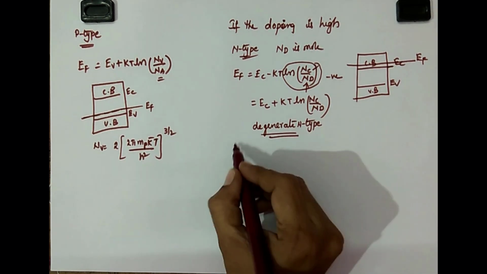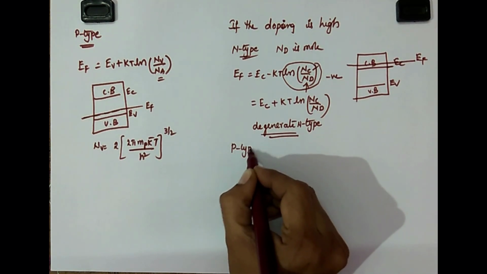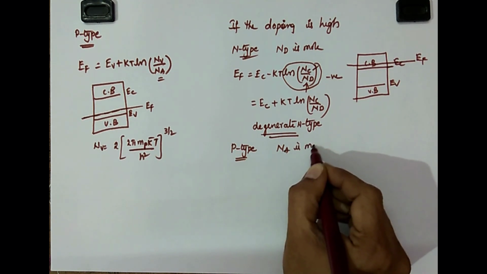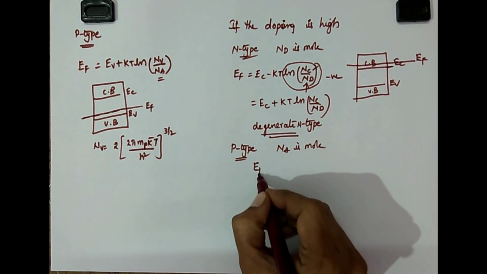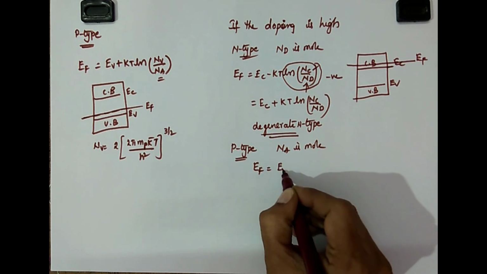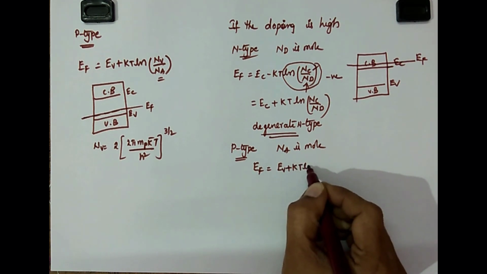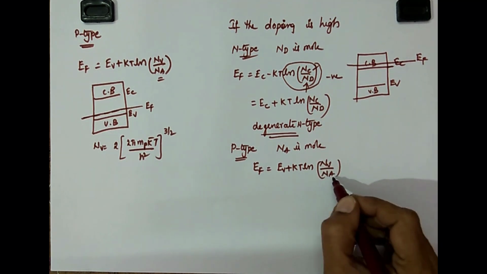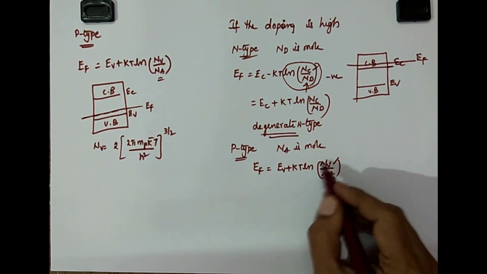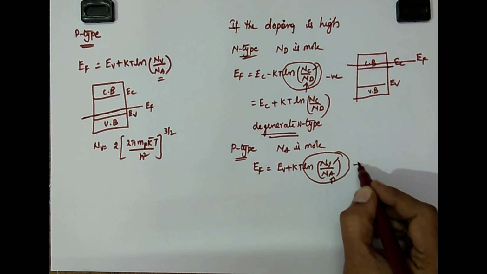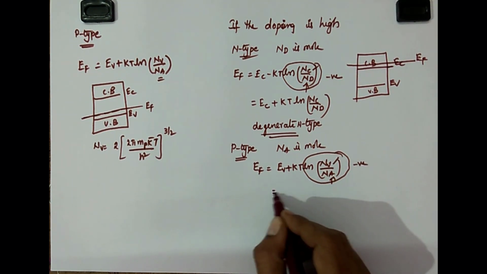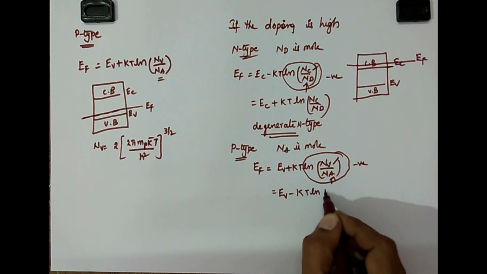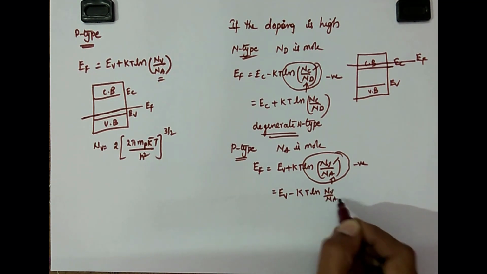In the same way for p-type, Na is more. Now consider your EF: Ev plus kT ln Nv by Na. Again, if Na is more compared to Nv, this ln becomes a negative value, so it becomes Ev minus kT ln Nv by Na.